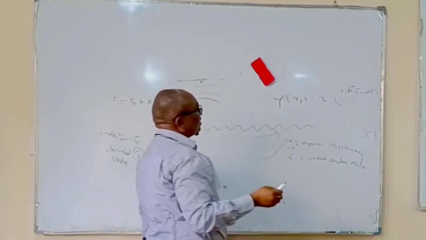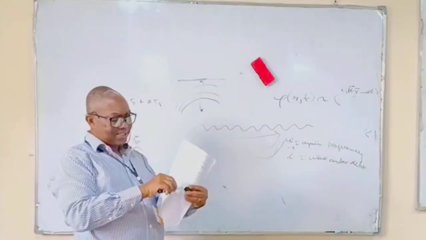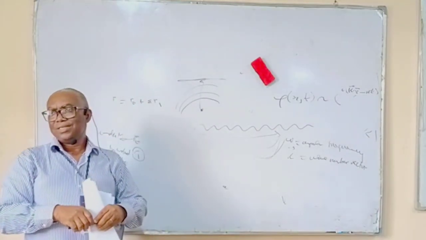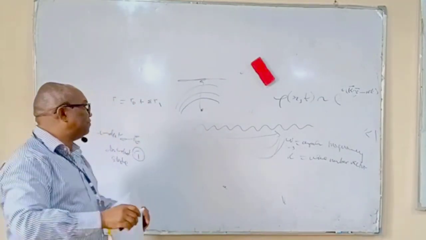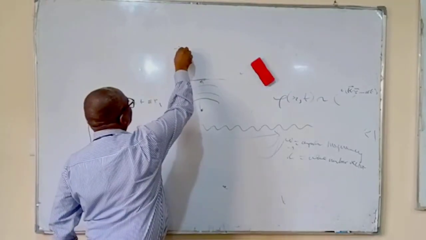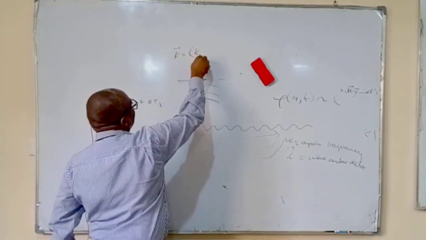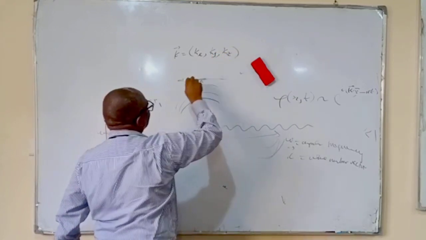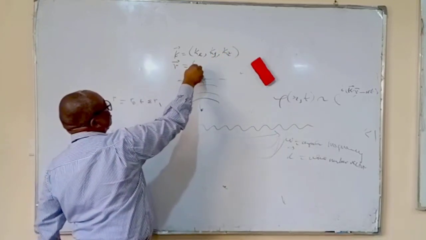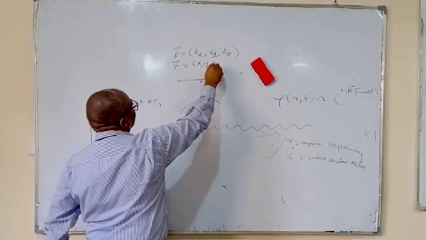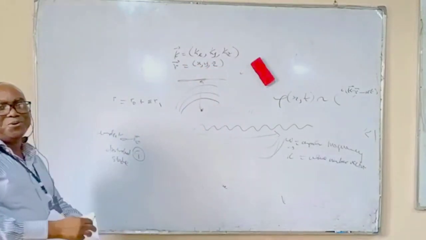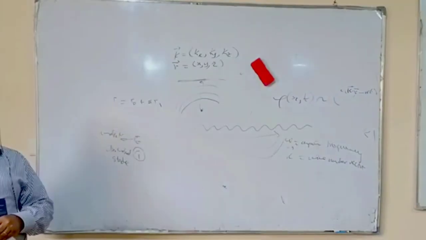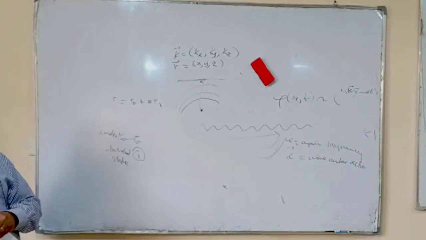Now you can see we have k dot r. k as a vector, for example, could be k in the direction of x, in the direction of y, in the direction of z. And the r vector could be x, y, z. So you can do k dot r. k dot r will give you what?